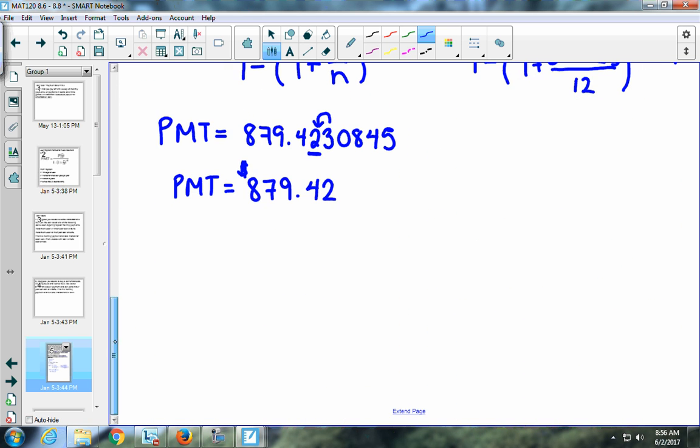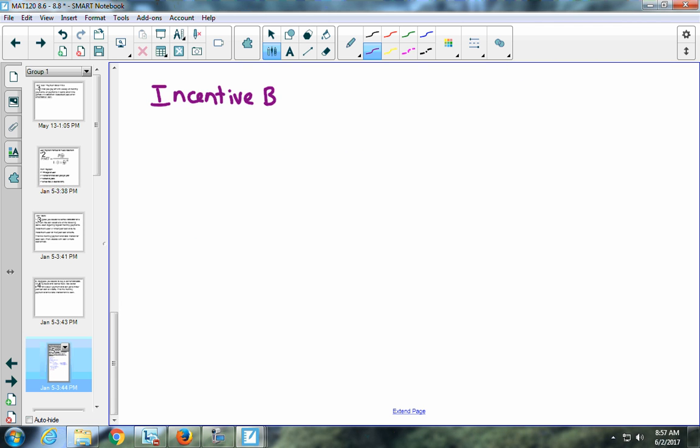Now I need to go through this same process for incentive B. If we're talking through the principal for incentive B, the price of the car has not changed. It's still $50,000. So I'm going to start out with that $50,000 again.